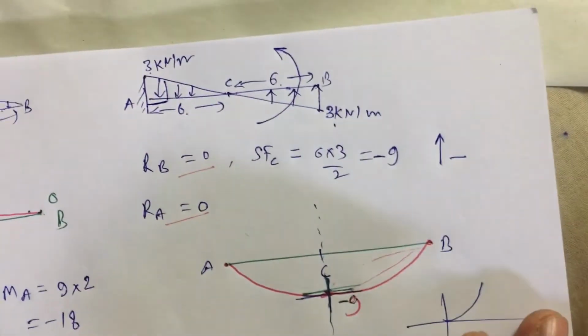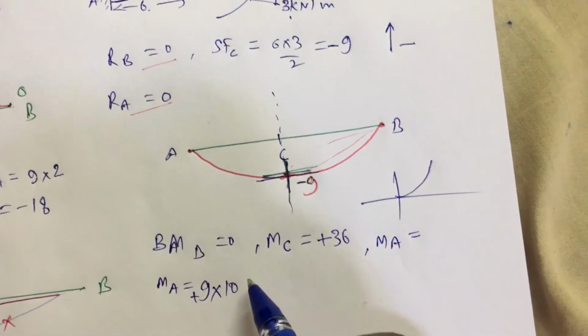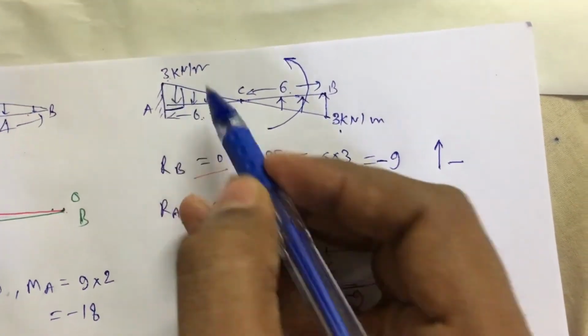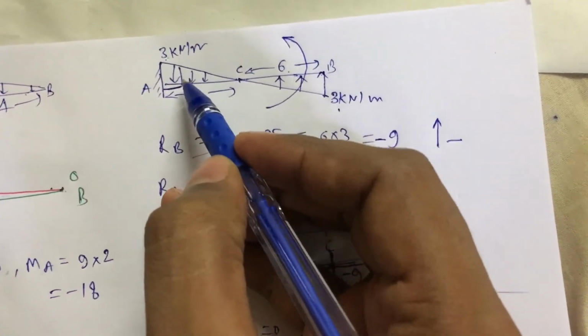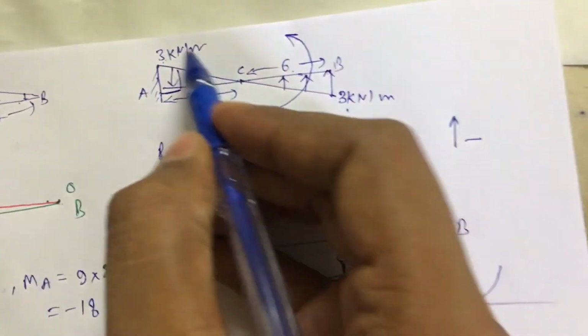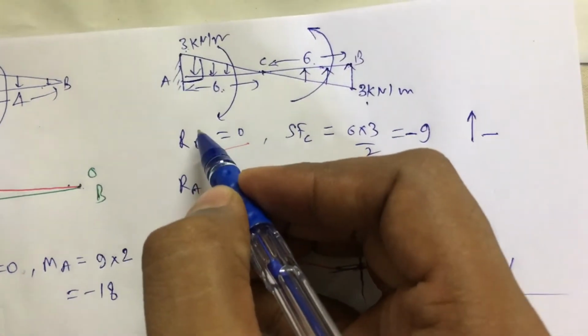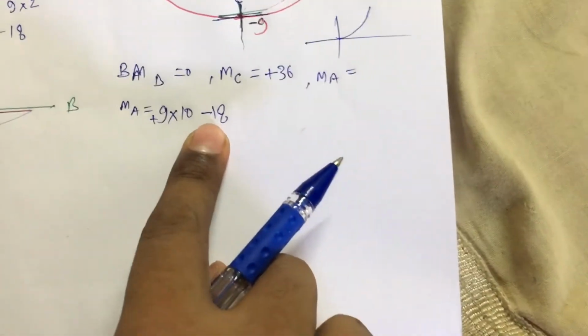So 9 into 2, 18. I will recheck. 18, right? Okay, let's check again. 6 into 3 by 2 will give me 9, and 9 into 2, 18. So that is minus 18. Why? Because this part will take the beam in this way. Got it? So minus 18.